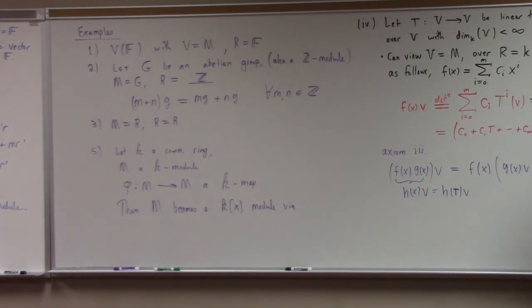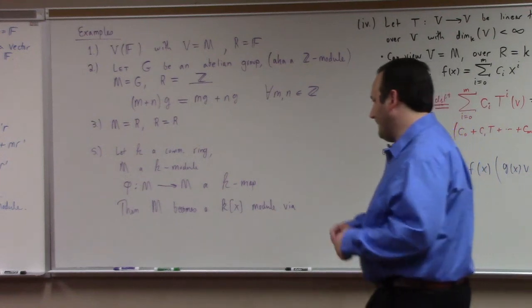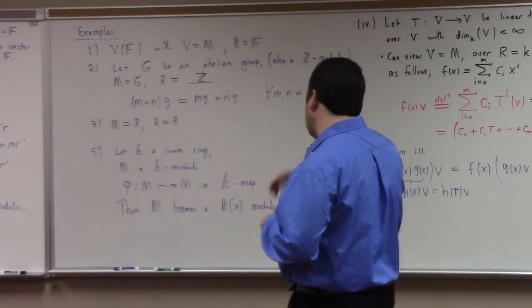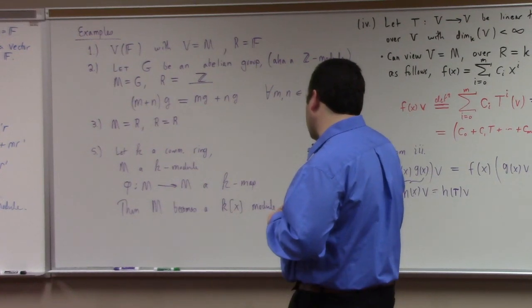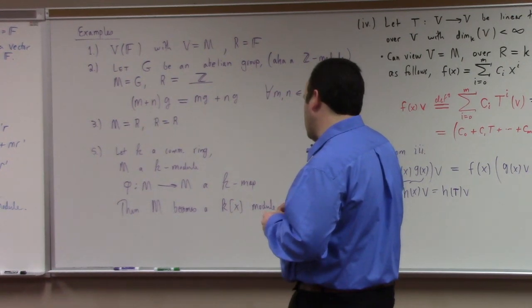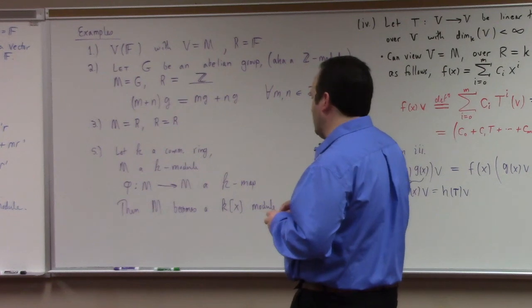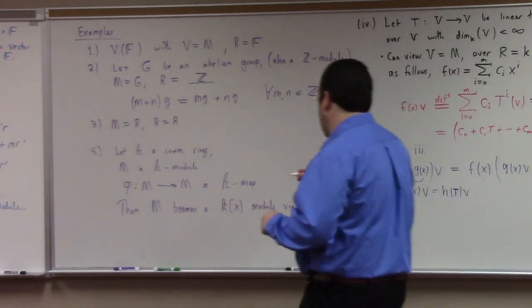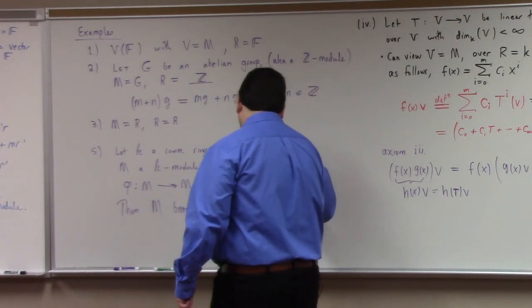I would think that it would mean multiplication by some element of K. Well, let me not speculate. I think it's a ring homomorphism, but I'm just going to put a little question mark right here as to what precisely is meant by that.